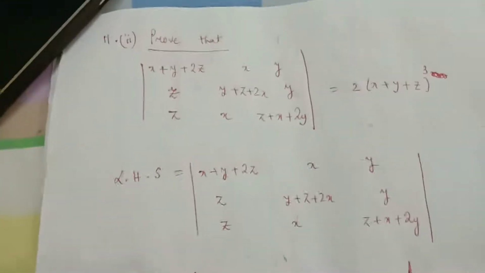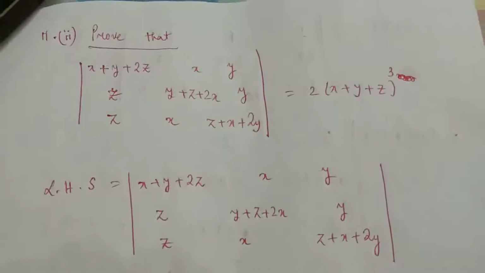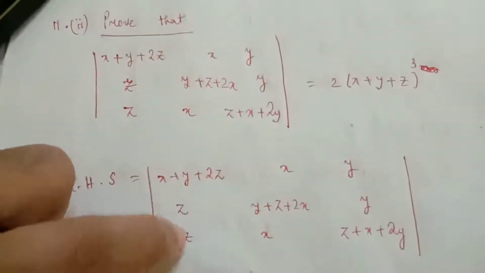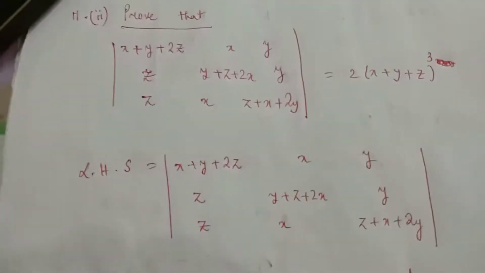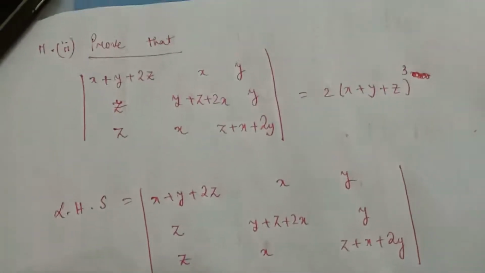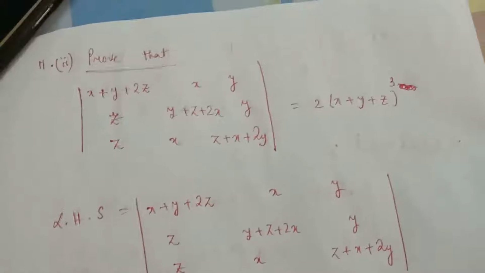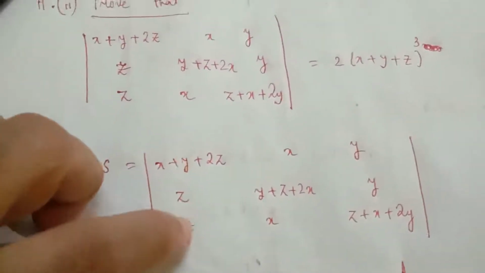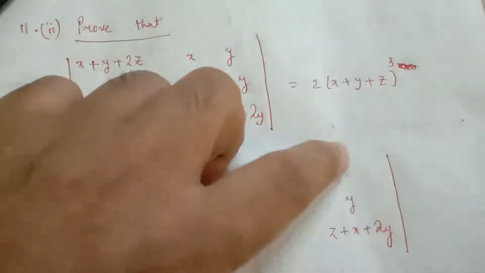Again, let us start with the left hand side. As I told in the last sum, whenever you get a sum from the chapter determinants, first add these three to check whether the sum of these three or these three are equal or not.